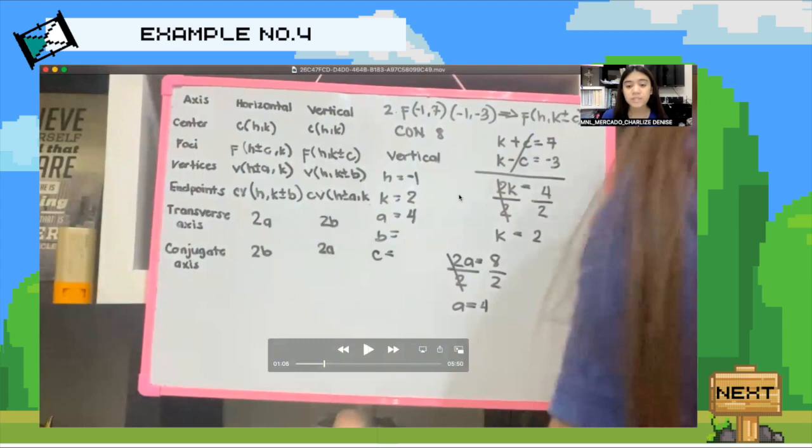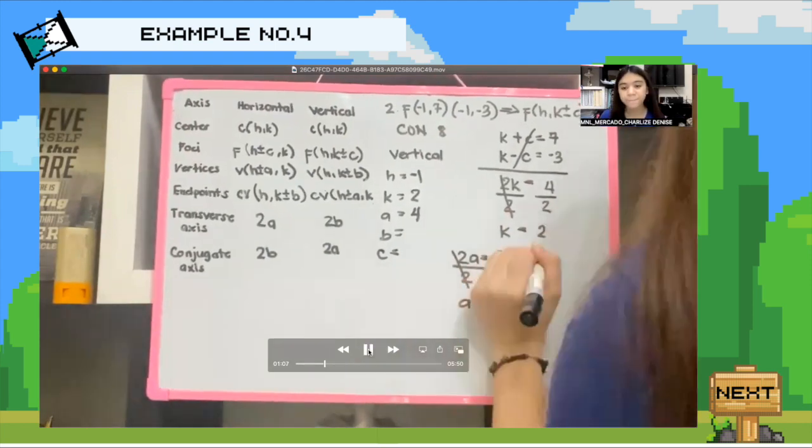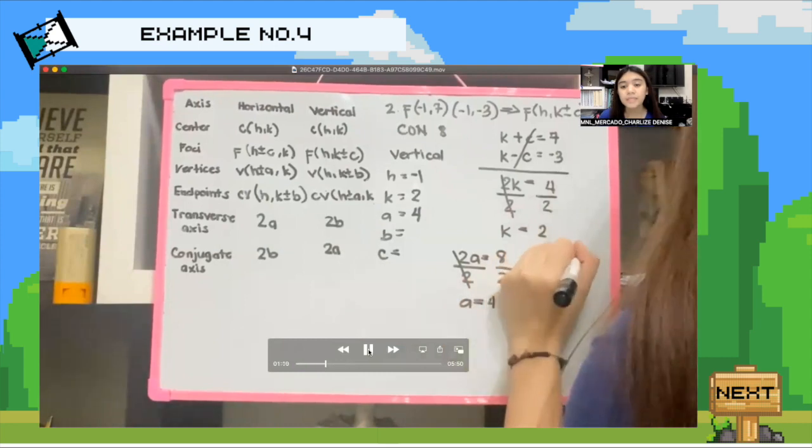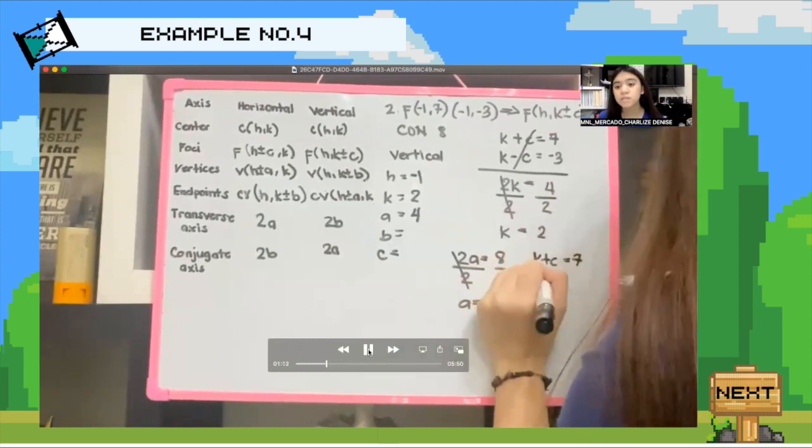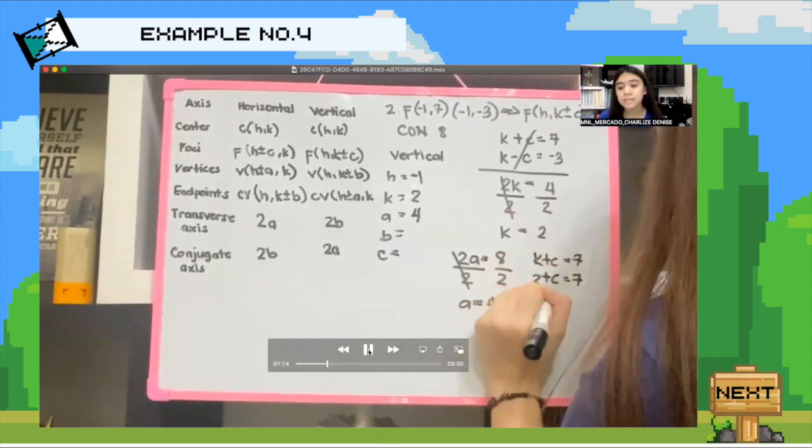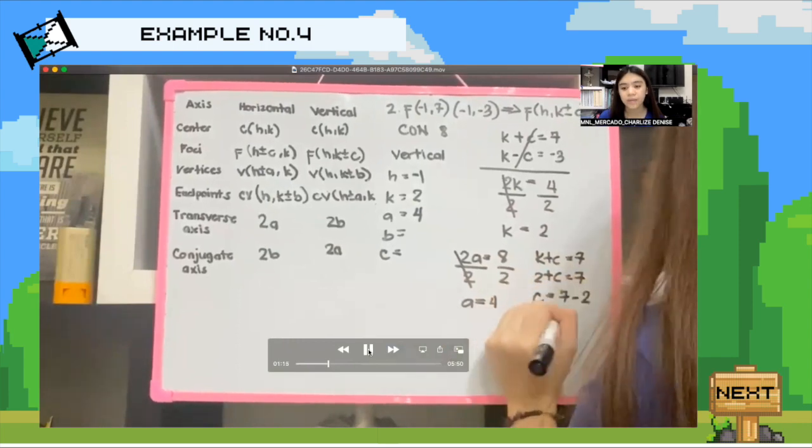We will substitute 2 for k in k plus c is equal to 7, since k is equal to 2. So 2 plus c is equal to 7, so c is equal to 5.